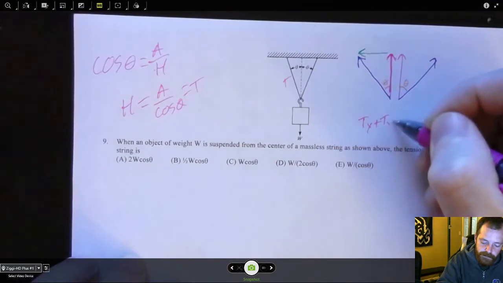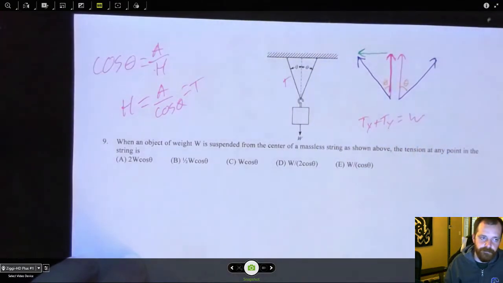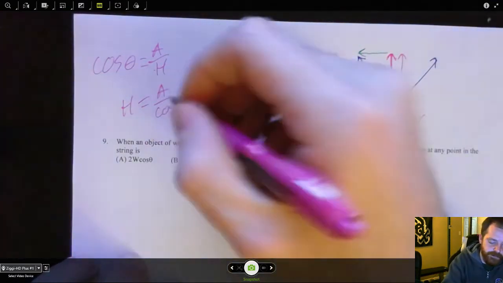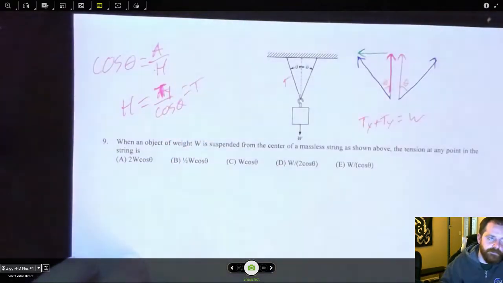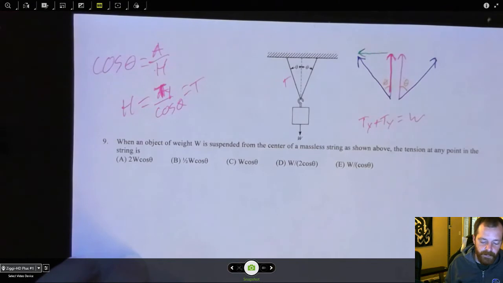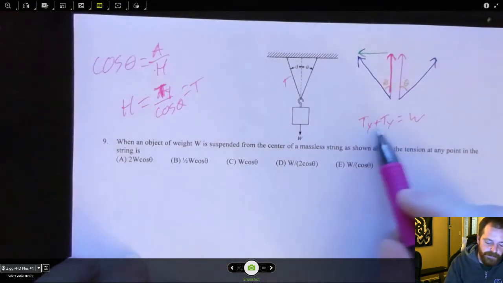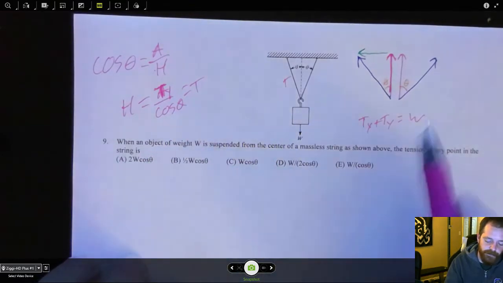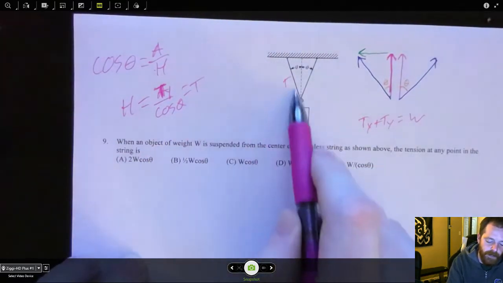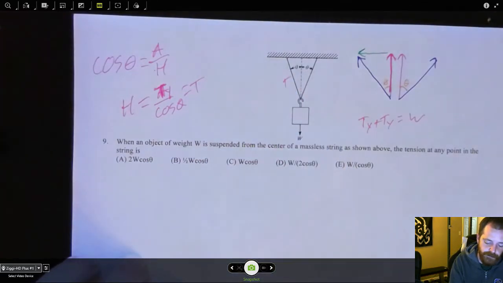Ty plus Ty equals W, and the adjacent is basically Ty. So the two of these combined are equal to the weight, and the hypotenuse there would be equal to the tension force.